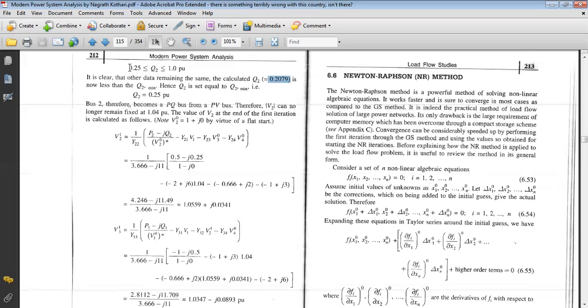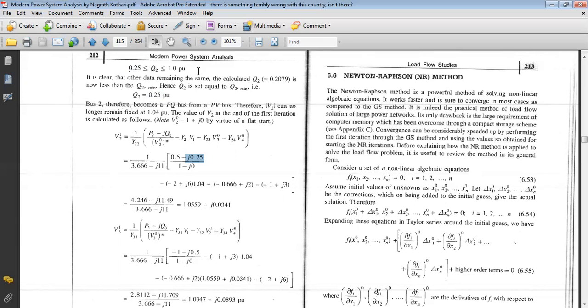So we have to consider the lower limit value as our reactive power value of bus 2. So we consider Q2 as 0.25, and we put this value in here, and our answer looks like 1.2 per unit.